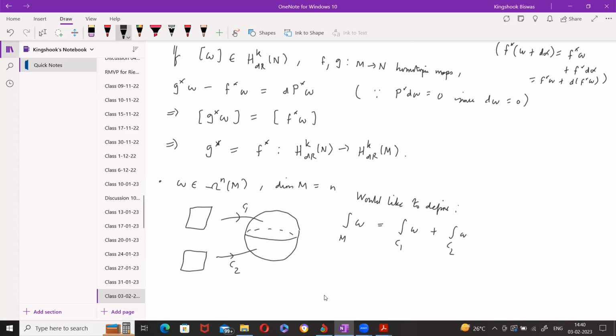In that case, these integrals might change sign, so we won't have a well-defined integral over M. So somehow we need to choose correct parametrizations of these cubes in M. That will require the notion of an orientation on M. So let's stop this session, and now we'll talk about what an orientation on a manifold is.